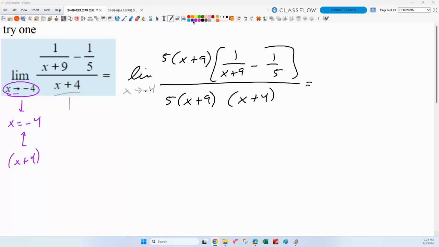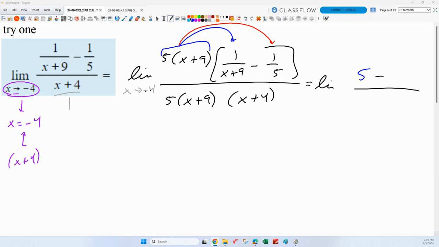So if I do the blue distribution, what's that give me? 5. Everybody agree? If I do the red distribution, what's it give me?